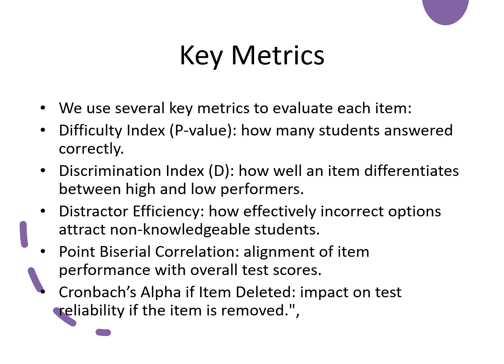Then we have the point biserial coefficient, which tells us about the alignment of item performance with the overall test scores. And then we have the reliability of the exam. The reliability or internal consistency of the exam is usually covered by the Cronbach's alpha if item is deleted, and its impact on test reliability if the item is removed.